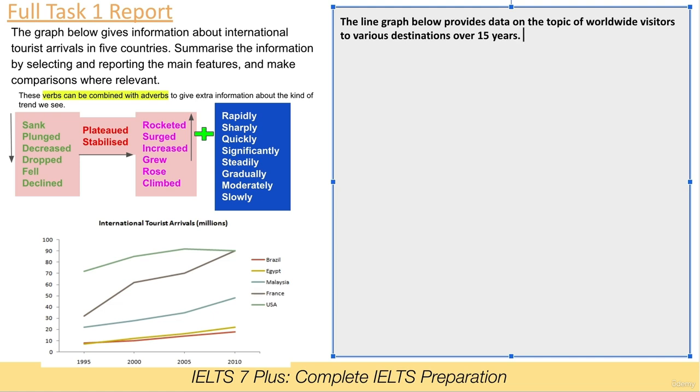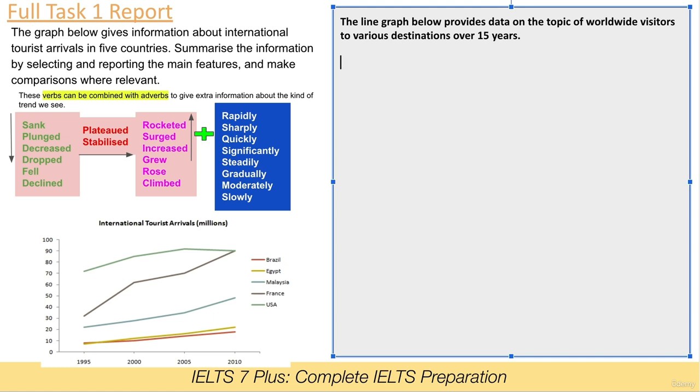The line graph below provides data on the topic of worldwide visitors to various destinations over 15 years. Brilliant. Good point to always just read as you go, edit as you go. It's a lot less overwhelming to do that now rather than, you know, at the end if you run out of time or something, it can make a big difference. So, okay, paraphrasing complete.